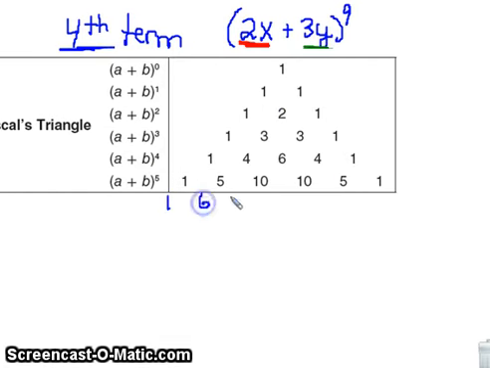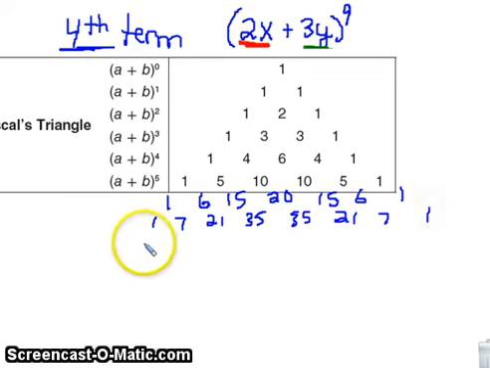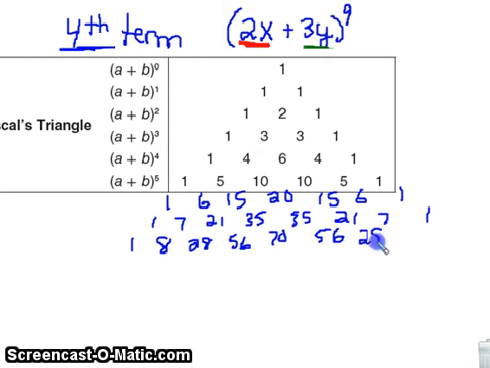So 1, 6, 15, 20, 15, 6, and 1. 1, 7, 21, 35, 35, 21, 7, and 1. 1, 8, 28, 56, 70, 56, 28, 8, and 1. And because we just want term 4 in the 9th power, then it is going to be 1.